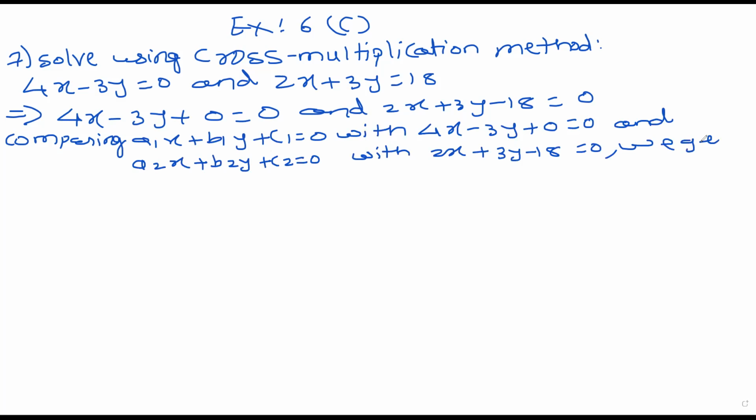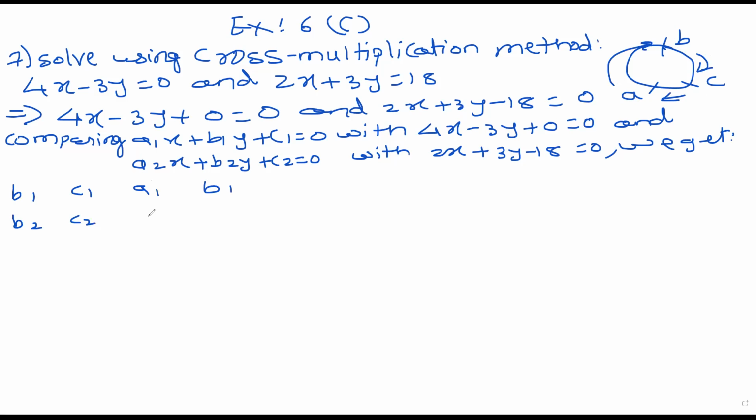What do we get? We start with B, then we go to C, then we go to A, and again back to B. So we'll write B1, C1, A1, B1. Exactly below that, we write B2, C2, A2, B2.